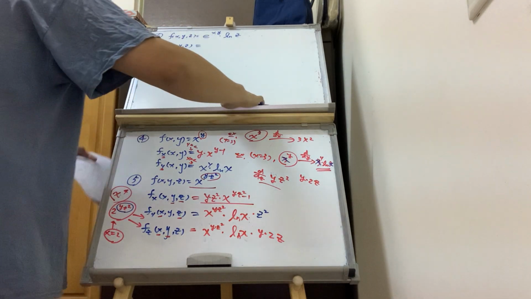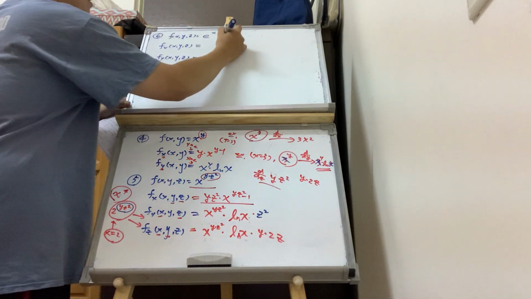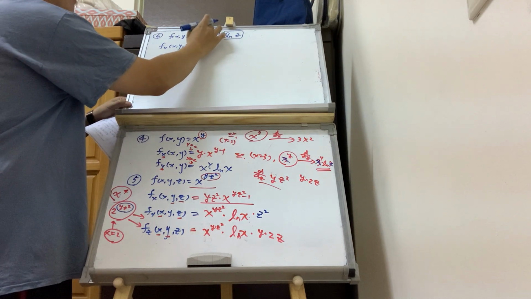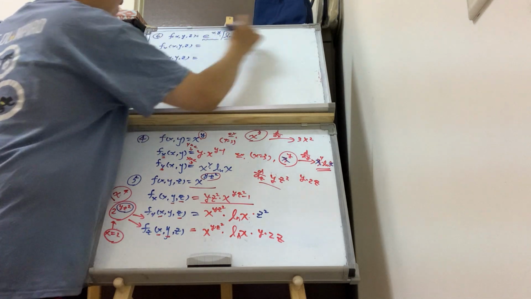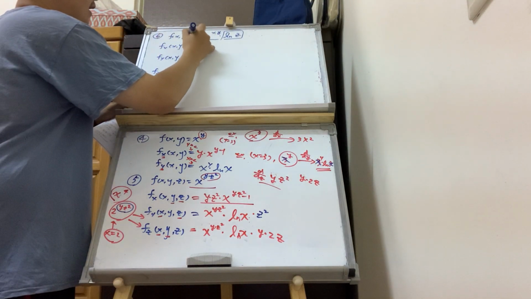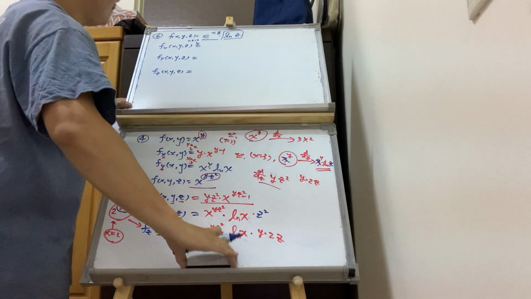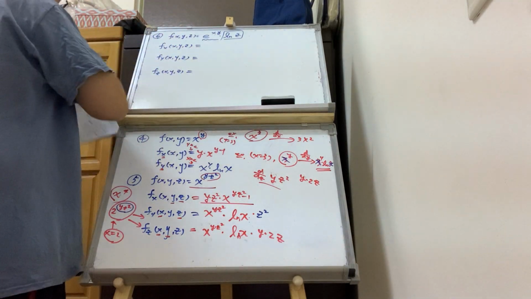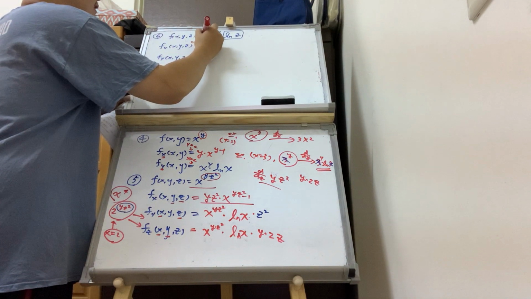So first one, if the variable is x, y and g are constant. So just this term has the variable x. And the exponential is differentiable. Now y is also a constant. In this case, y and g are constant.